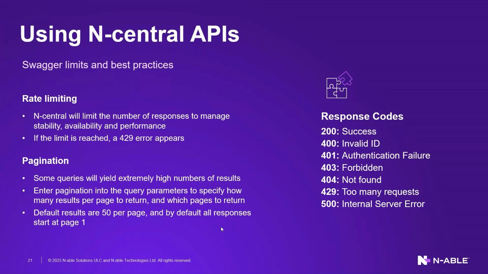This often happens if we haven't properly authenticated with the Swagger interface, or if we're using something like scripts, for example, PowerShell, and we haven't properly authenticated. We'll get that quite a lot as well. 404 is not found. So if you're trying to do something that maybe isn't on your instance of N-central, you'll find that as well. So there are some codes to be aware of, but all these are documented within the Swagger interface as well.